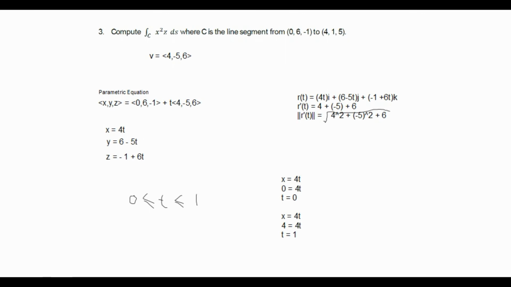The last one is 6 square. Alright, and you get an answer of square root 77. So this is the final answer for the magnitude of r prime t.